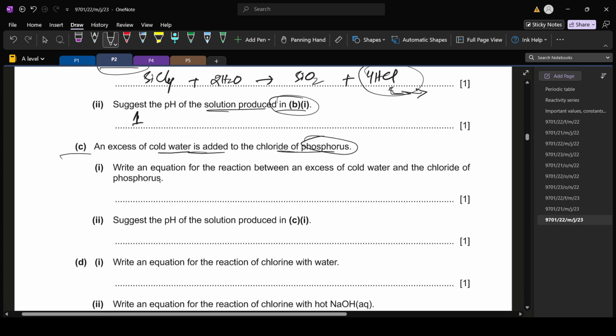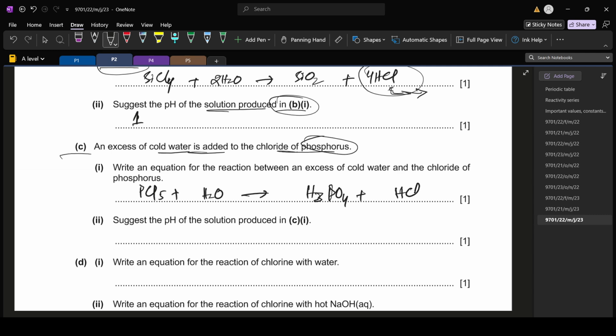Now part C. An excess of cold water is added to the chloride of phosphorus. Write an equation for the reaction between an excess of cold water and the chloride of phosphorus. Now this PCl5, the chloride of phosphorus, is also a covalent compound and it will also be hydrolyzed by water. So it will form phosphoric acid, H3PO4, plus HCl.